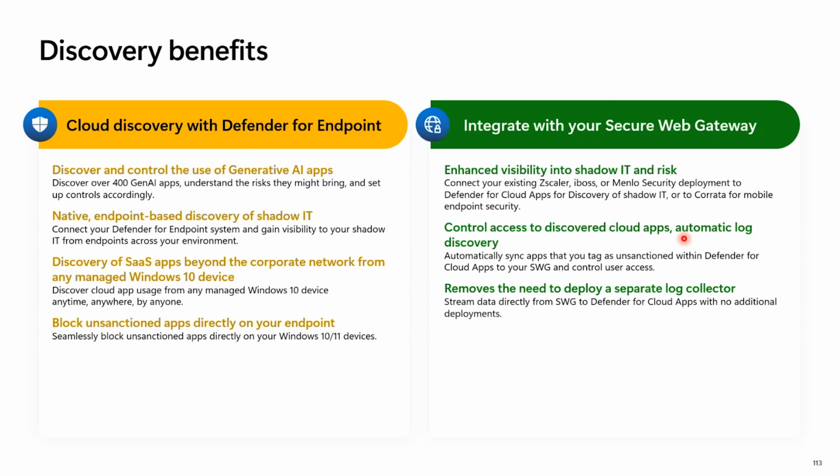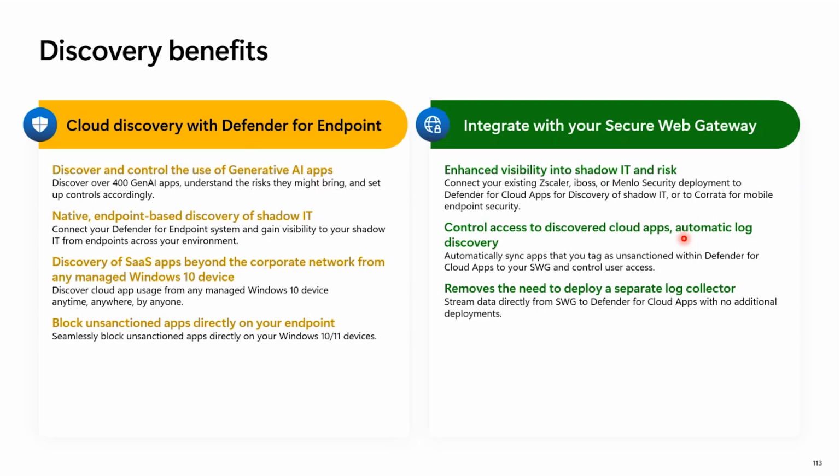So your firewall would send the logs up to Defender for Cloud Apps. And this way you could use Defender for Cloud Apps to see what apps are being used locally, internally, by the web apps or SaaS apps, by those local users on that local LAN, the one on which you're not using Defender for Endpoint.